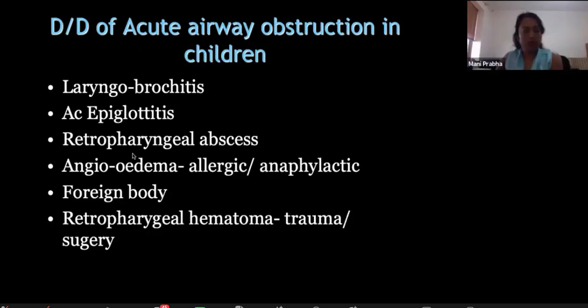So the main differentials to consider in that case would be retropharyngeal abscess or a foreign body or retropharyngeal hematoma due to trauma or surgery. And the next test is a CT scan, and probably with contrast.